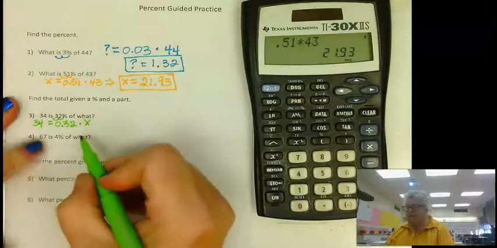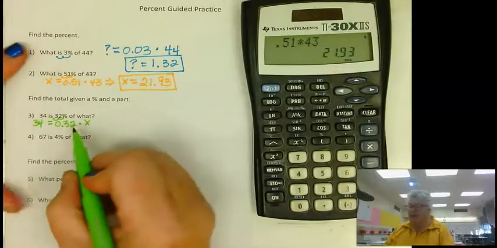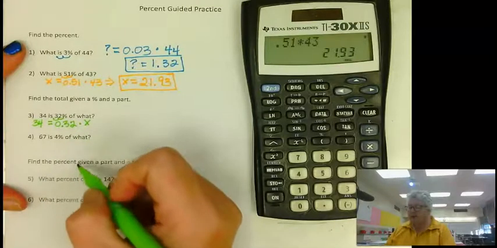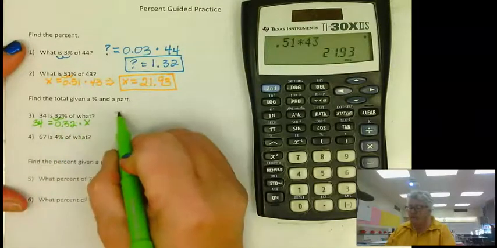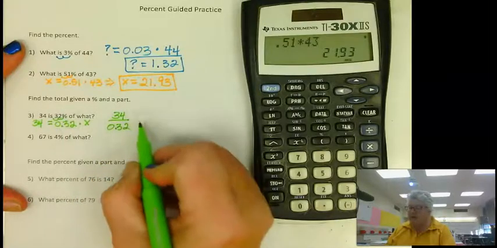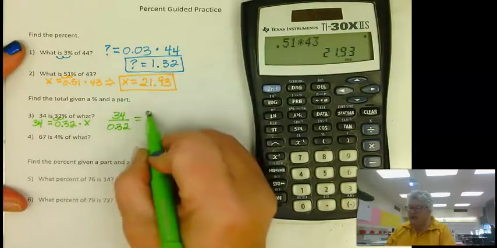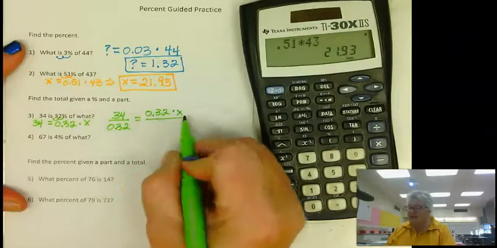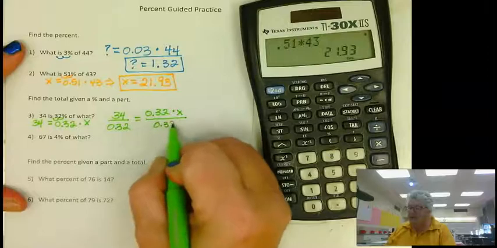So here's where we have to do our backwards, right? If we've got something times 32/100ths, we're going to do 34 divided by 32/100ths, and that's going to equal 32/100ths times X divided by 32/100ths.